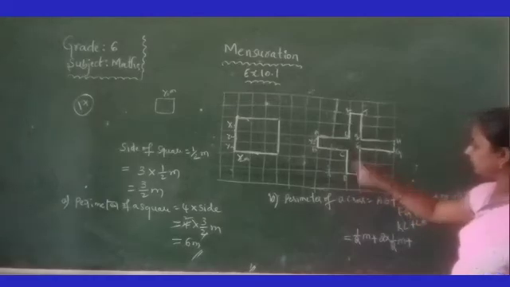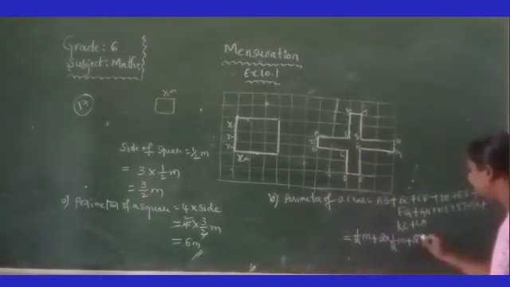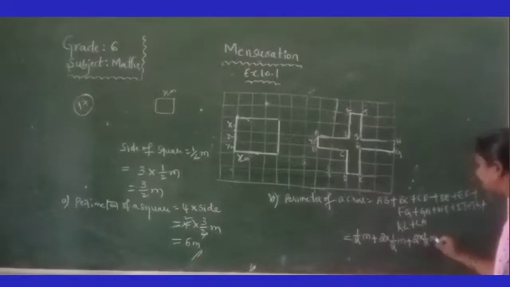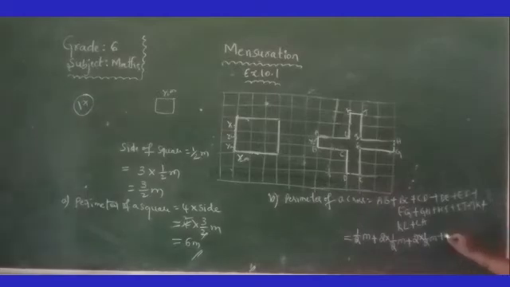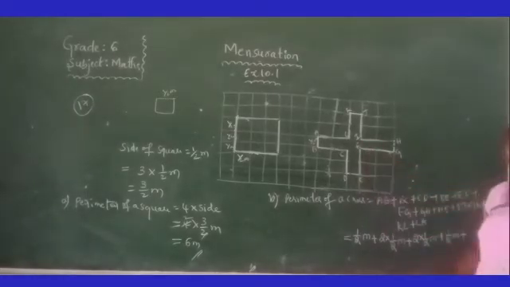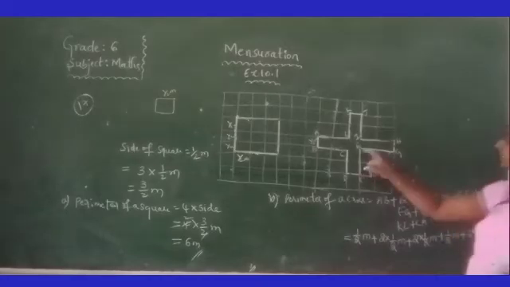Next C to D. How many slabs here? 2. That is again 2 into 1 by 2 meter. Next the length of DE is only 1 by 2 meter, plus E to F, 2 halves, that is 2 into 1 by 2 meter, plus FG.